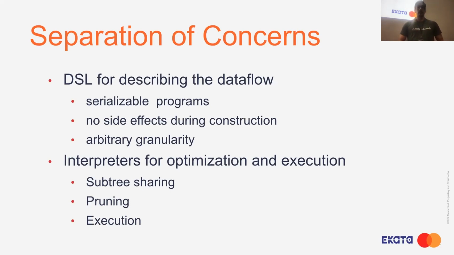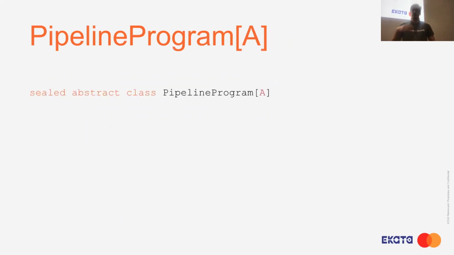So let's start this talk by describing the DSL. It is called PipelineProgram of A. The generic type A is, of course, the value you get if you evaluate this program. It's a little bit long, so you should probably go with zero on the naming, unless, of course, the metric for your company is how many characters you type, because then go for it.